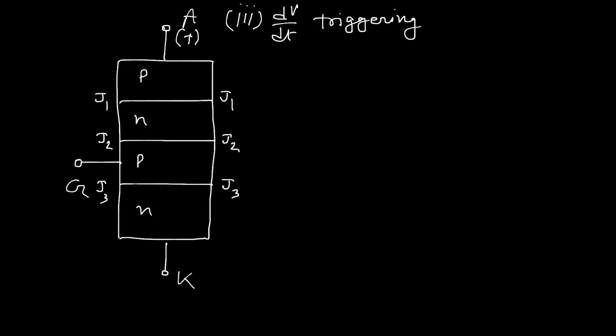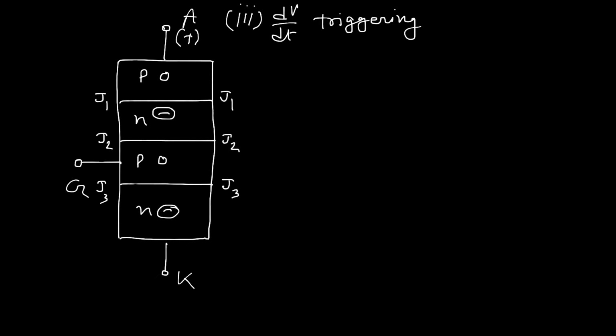Now think about this. Suppose we are increasing the anode voltage very fast or very frequently. That means there is a tendency of capacitive effect across junction J2. How is it possible? We know the majority carriers of the P layer are holes, and of the N layer are electrons.